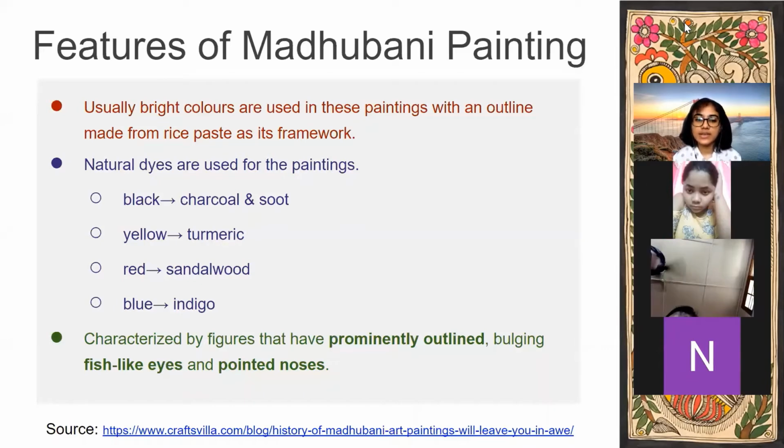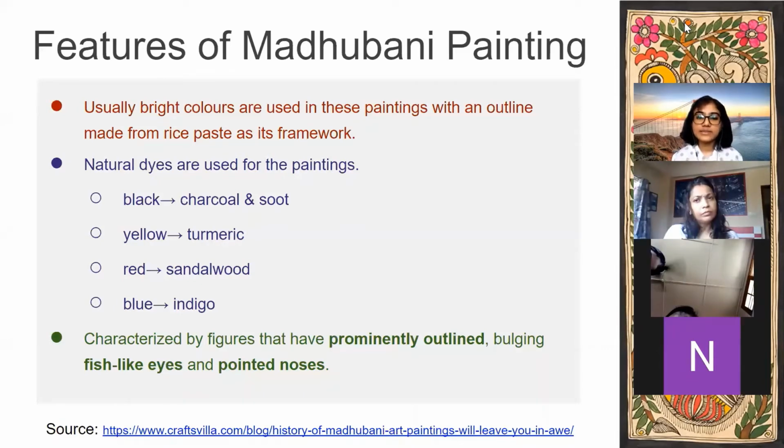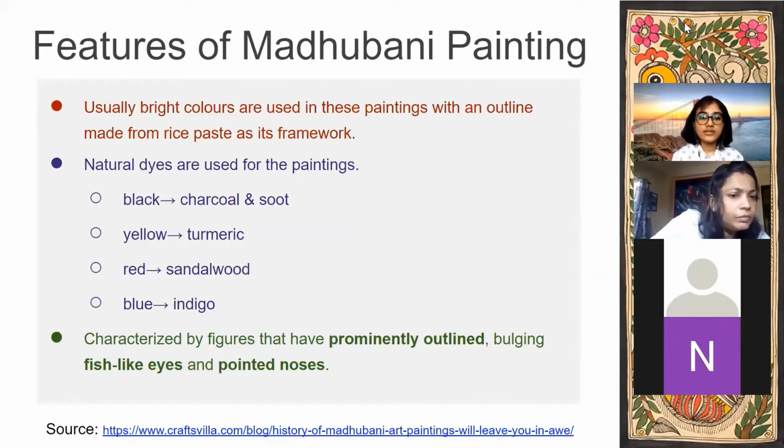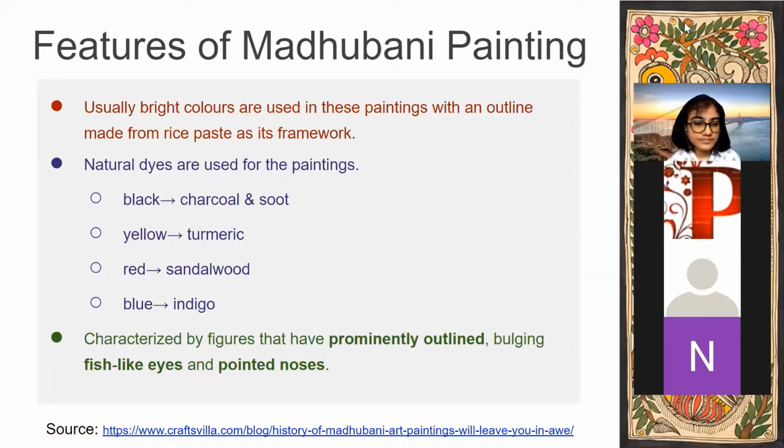So natural dyes, okay. Now we're going to be using paints, but at that point of time, or even today in the Mithila region, they actually do it with natural color. Right? So black could be extracted from charcoal or soot, yellow from turmeric, red from sandalwood, and blue from indigo.